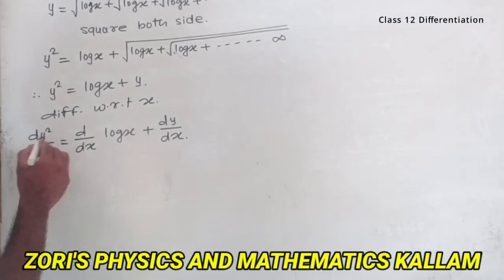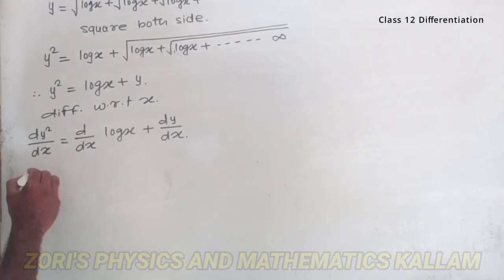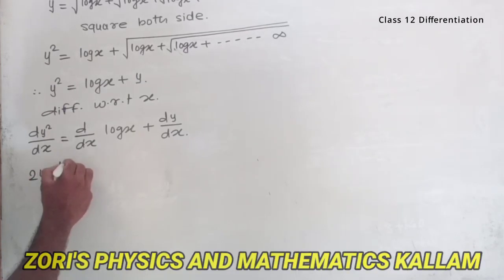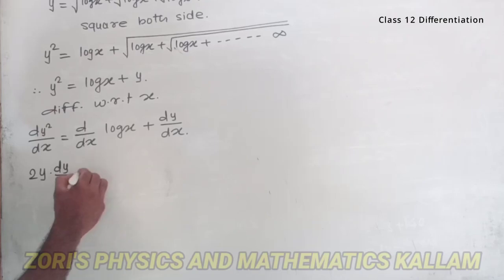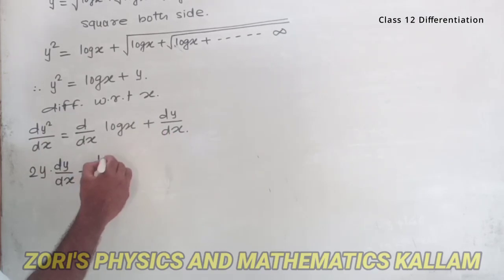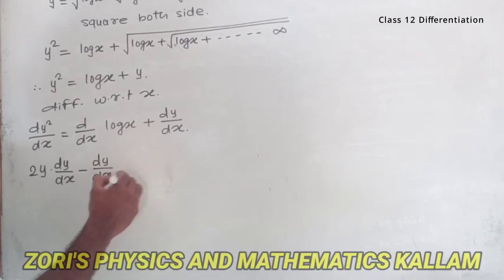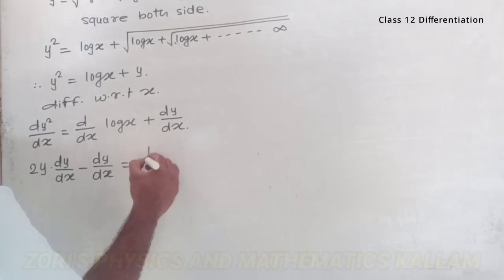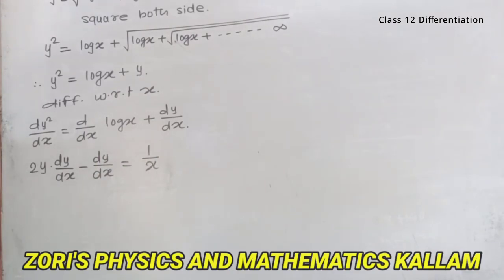Now the derivative of y square is nothing but 2y into dy upon dx, minus this part we are taking to the left here. So dy upon dx is equal to the derivative of log x, which is 1 upon x.